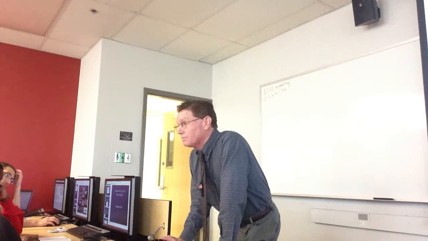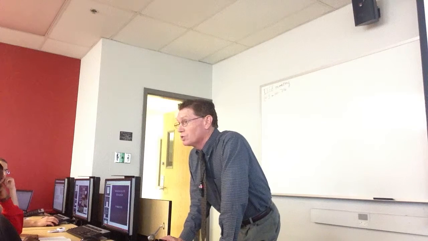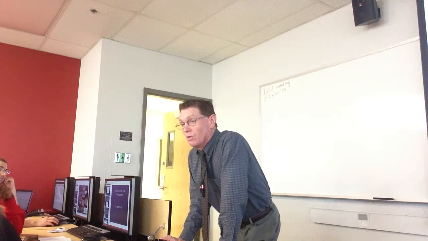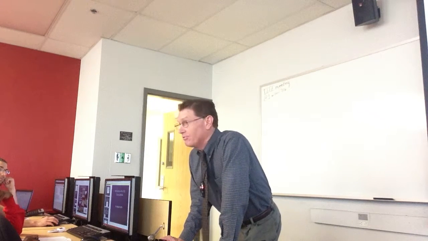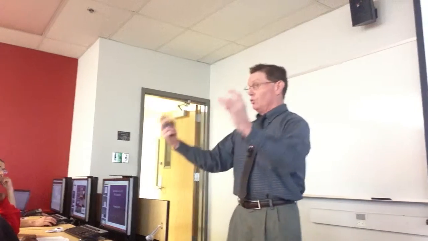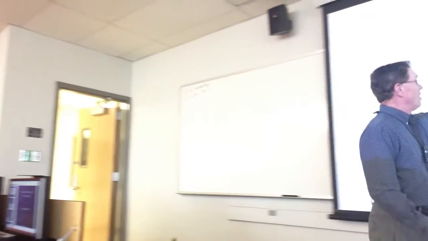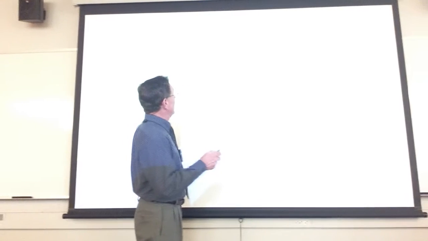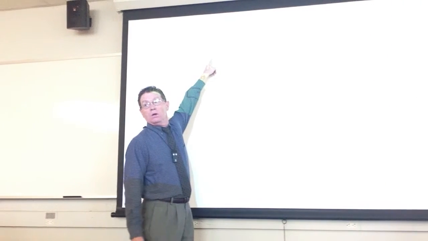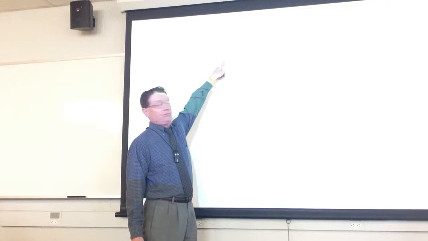How many bits? 8. So in hex, where does it go from? 0 to FF. So it goes from 0 to 255. So the numbers that I'm loading in, this K, is the hex number. This can go from 00 to FF.